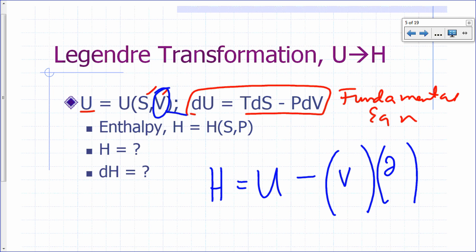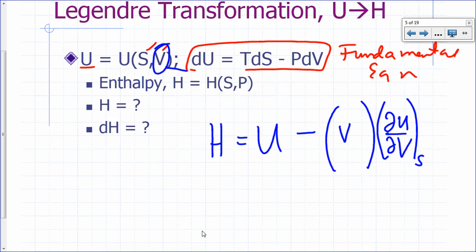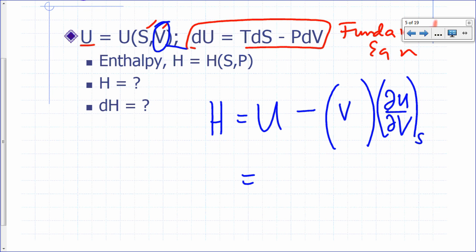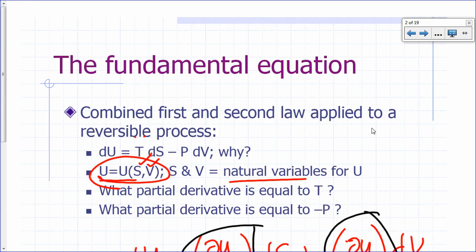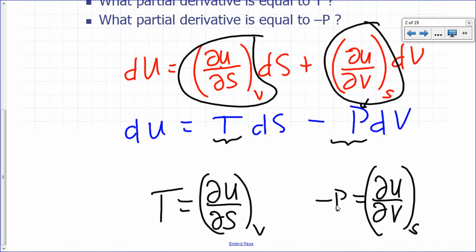Since we have two independent variables, I have to specify that I'm holding the other one constant. So partial of U with respect to V at constant S. But what did we say that is? We've already identified that earlier. That's negative P.